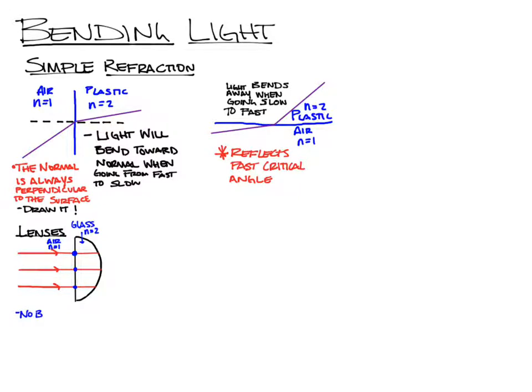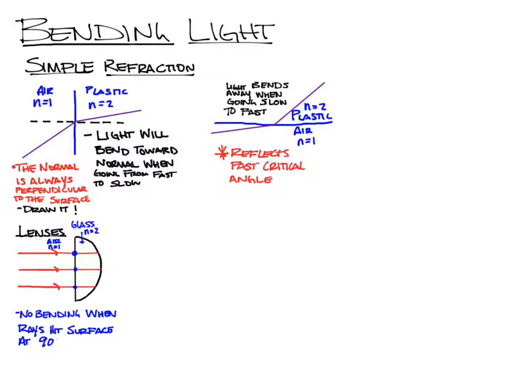Now, at that surface, we don't have any bending, because the incoming ray hits the surface at a 90-degree angle. When that happens, there's no bending. Okay? That means my angle with respect to the normal is 0, and it means we're not going to have any bending. And we saw this in class when we played with those big lenses.